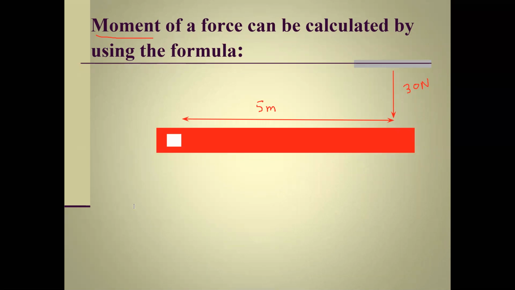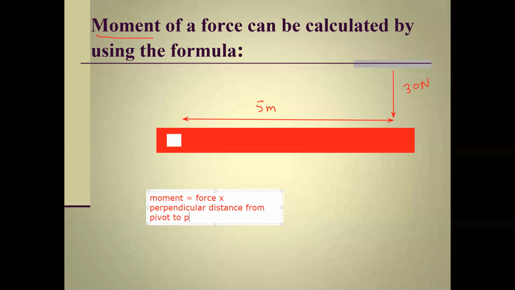So how can you calculate the moment? The moment is calculated by force multiplied by perpendicular distance from pivot to force.